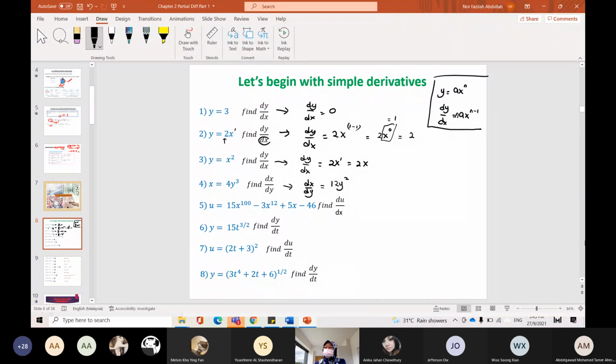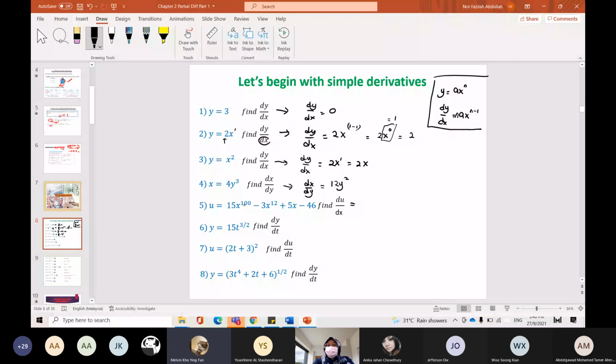Okay, so let's look at number 5. The function you have is u to power of x, 15x to power of 100 minus 3x power 12 plus 5x minus 46. Find du over dx. Anyone? 1500 x power 99 minus 36 x power 11 plus 5.